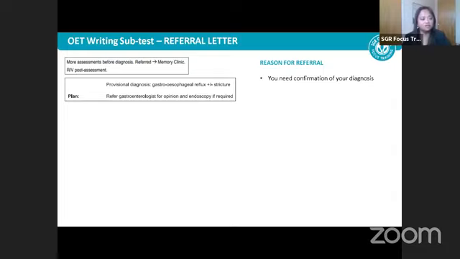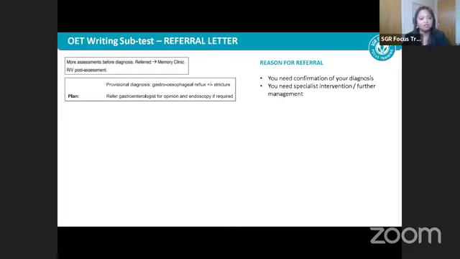On a second patient, this time around, you've made a provisional diagnosis, so gastroesophageal reflux, and your plan is to refer them to a specialist, a gastroenterologist, so that they could provide specialist opinion and endoscopy if required.